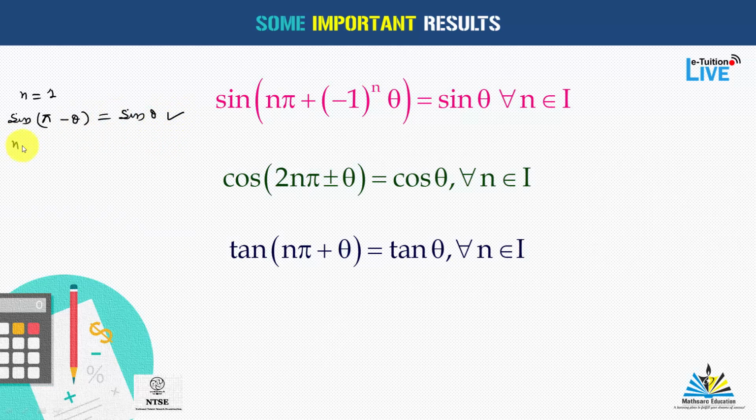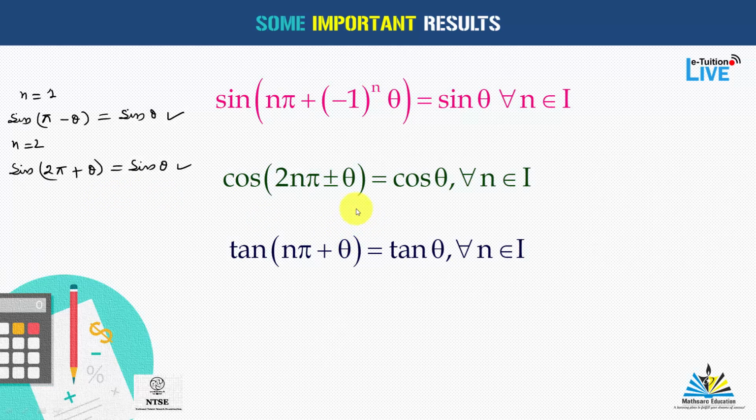Now for n equal to 2, the formula becomes sine of 2 pi plus minus 1 to the power 2, which is 1, times theta, is equal to sine theta. You can see 2 pi is 360 degrees, so 360 degrees plus theta is moving in the first quadrant, and this is a change about the x-axis. So sine of 2 pi plus theta must be sine theta.